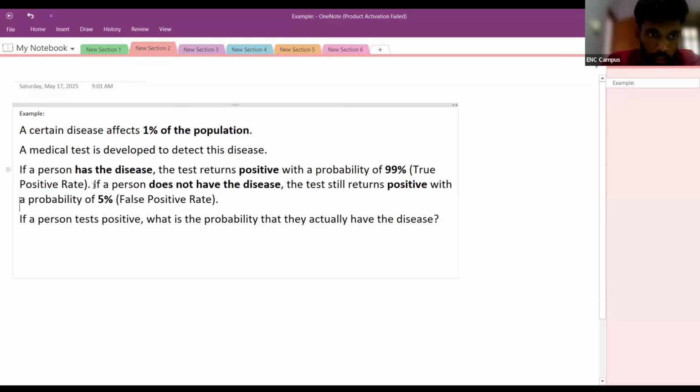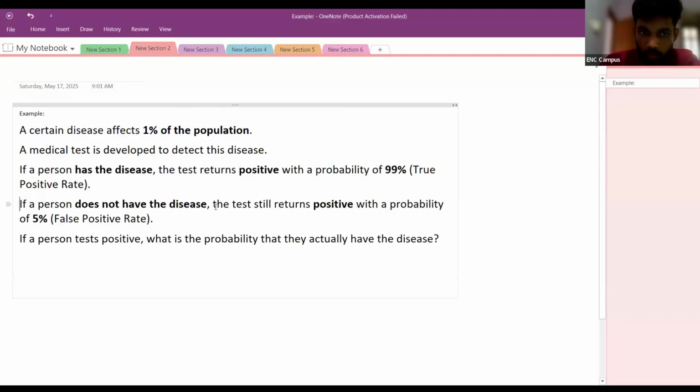Then if a person does not have the disease, the test still returns positive with a probability of 5%. We call that the false positive rate, right? So the person actually does not have the disease, but the test says the person has the disease.